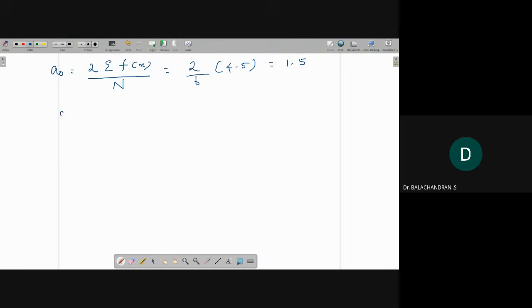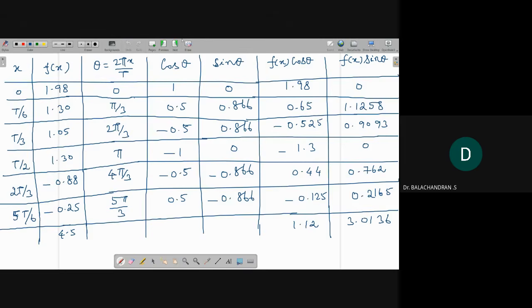And then A1. I already wrote what A1 and B1 are. A1 is 2 by n, sum of f of x into cos theta. That is equal to 2 by 6, sum of f of x into cos theta is 1.12.